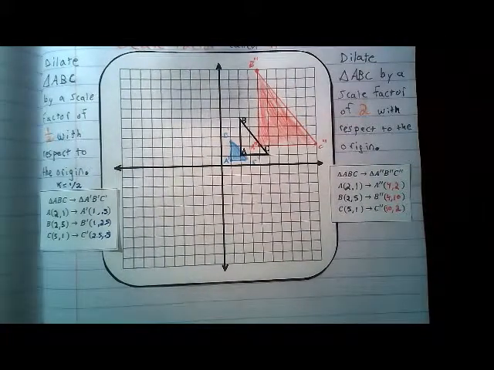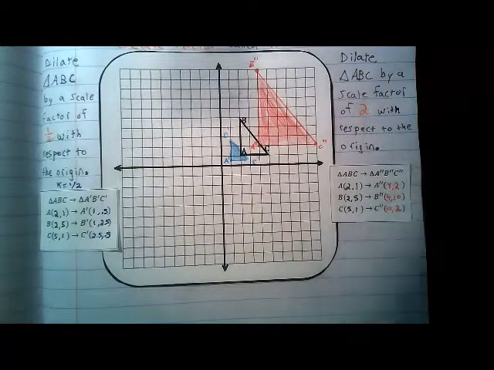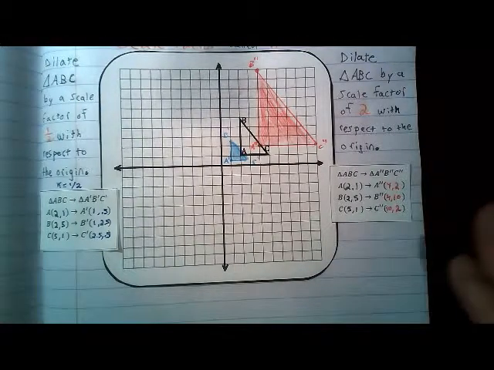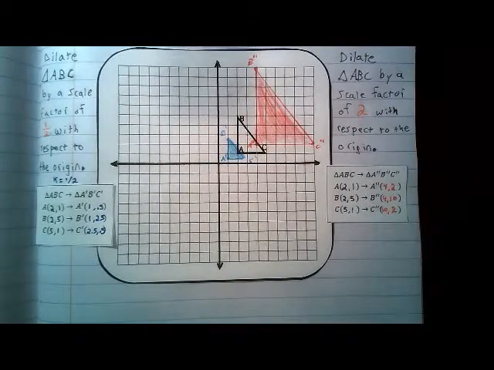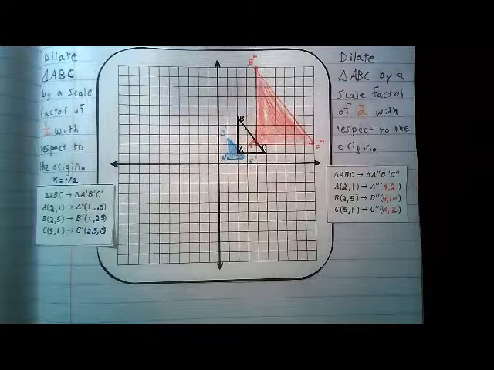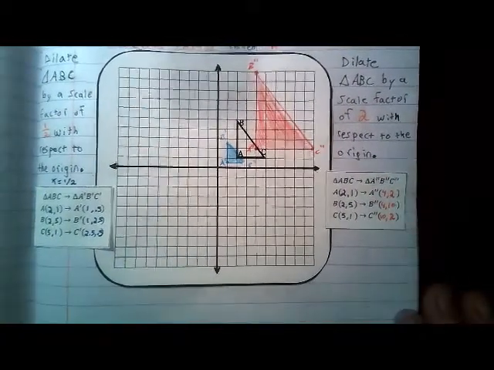Okay, so we've got 2 different scale factors, 2 different dilations of the same exact figure. Now, when we talk about dilations, there are 2 different things that can happen. Either an object gets bigger, called an enlargement, or an object gets smaller, which is called a reduction. So, let's take a look at what happened in these 2 problems.